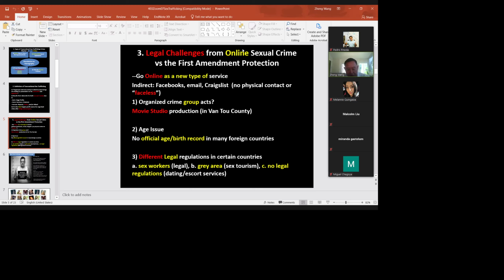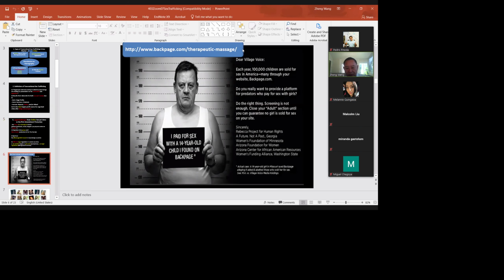Okay, those are the legal issues we are facing when we prosecute or investigate a case. And next one is a picture. This is an example, kind of a general deterrence thing. This one is from backpage.com and called therapeutic surface massage.